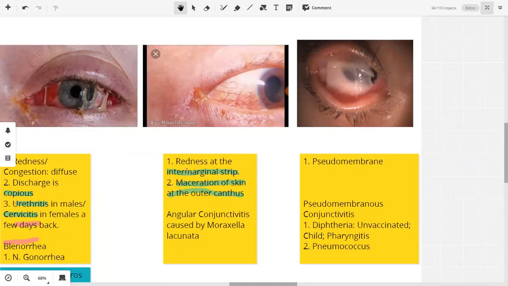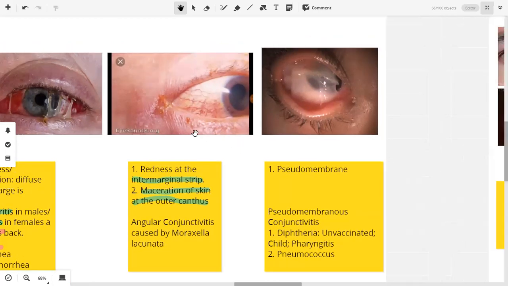These are the important terms: intermarginal strip, maceration of the outer canthus or even inner canthus. So the first thing which should come to your mind is angular conjunctivitis. This is very important. इसके अलावा किसी और disease पे ये बात fit नहीं होती. No other disease causes this specific maceration, this specific redness.